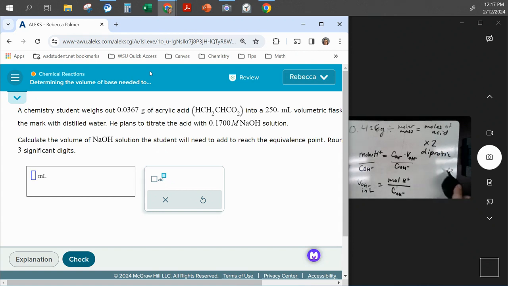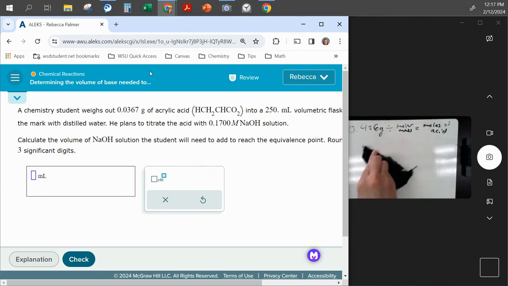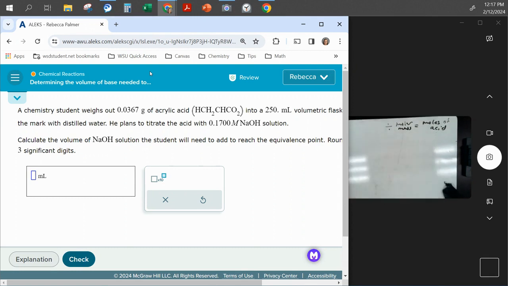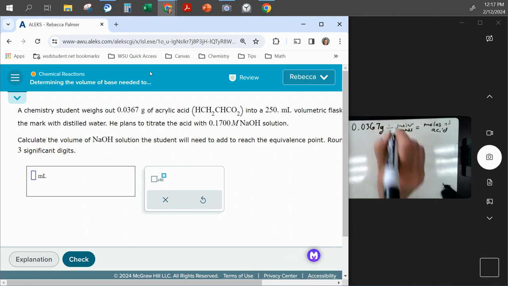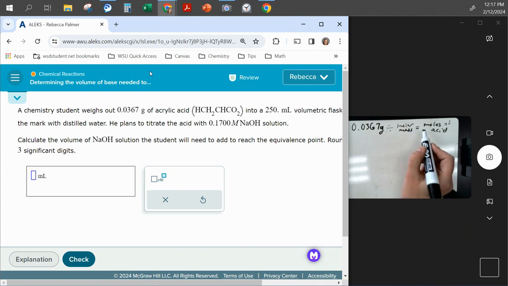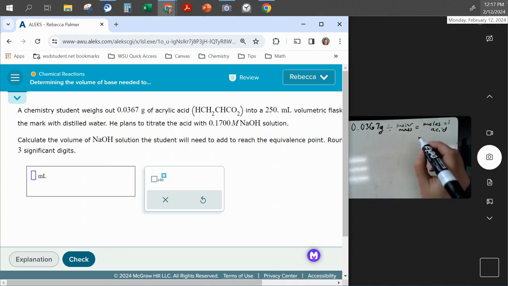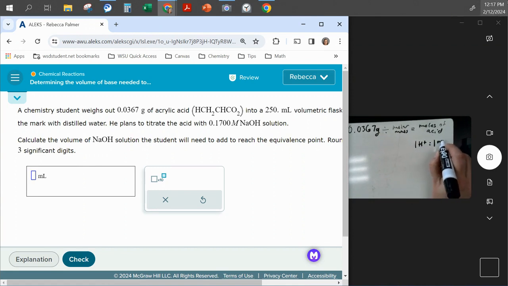So we're going to take the number of grams of acid, 0.0367 grams. We're going to divide by the molar mass, which we have to figure out, and then that will give us the moles of acid. This one is 1-to-1. We get 1 hydrogen for 1 mole of acid.